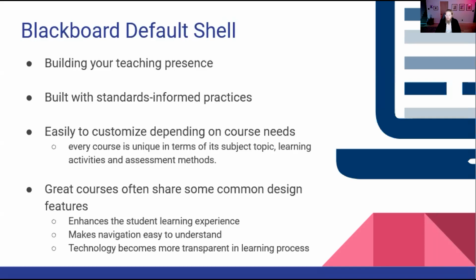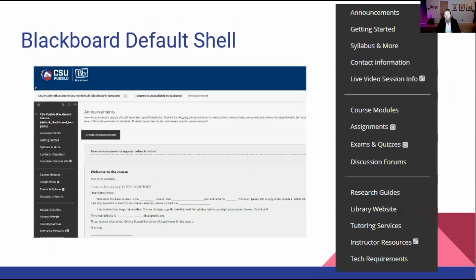So the particular default shell that we have is easily customizable, and you can do that in a variety of different ways. We're not trying to dictate how you are going to teach your course. We realize that each discipline, each course is going to have a very specific look on how you're going to approach it as an instructor. What we're trying to do is build in some features. If you look on the lower right-hand side, there are a lot of features that students would be able to use.